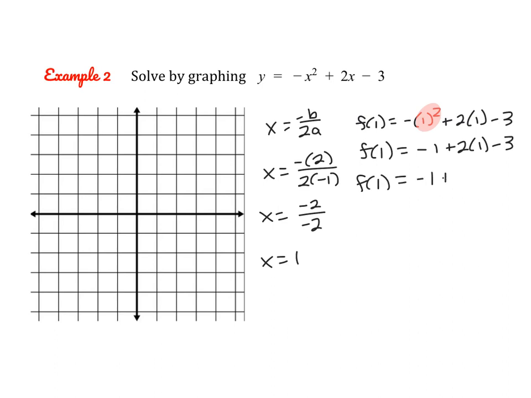So we have -1 minus 2 minus 3. So f of -1, if I combine my negatives, it might make it a little bit easier. So we have 4 negatives, so it's just 2 minus 4, which is -2.